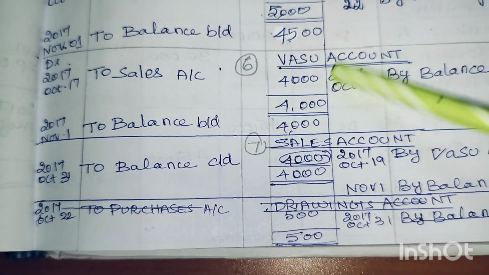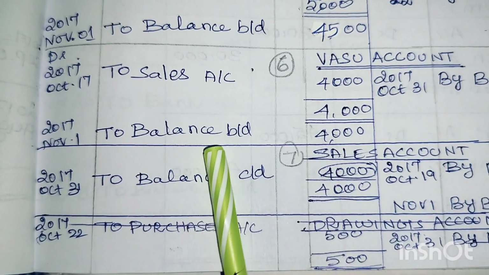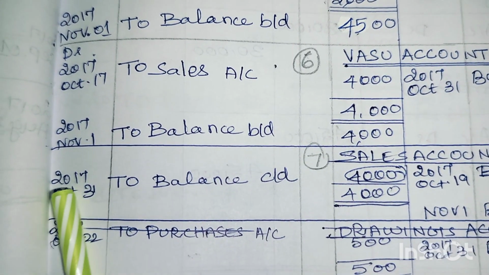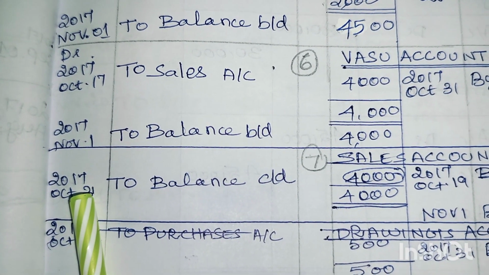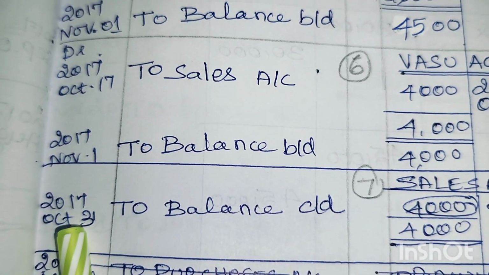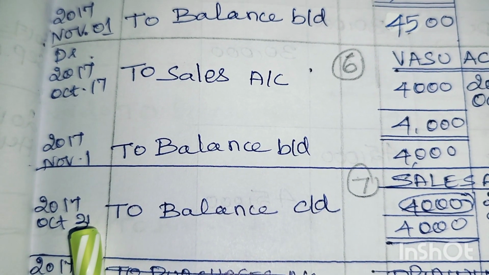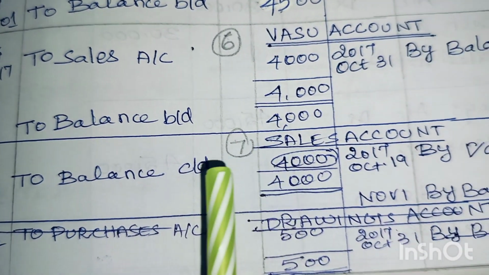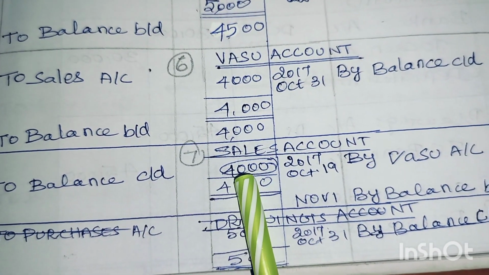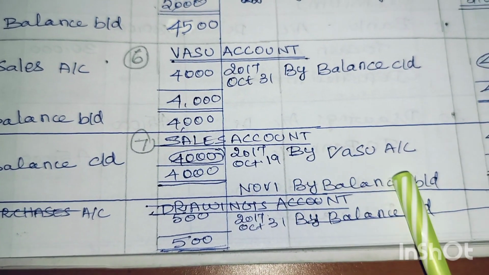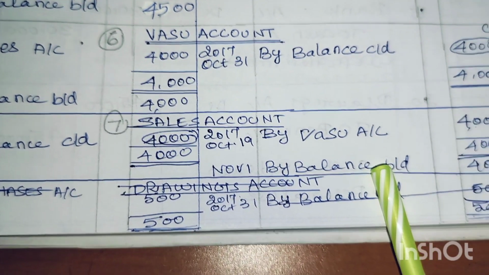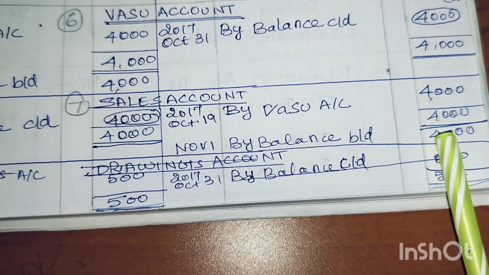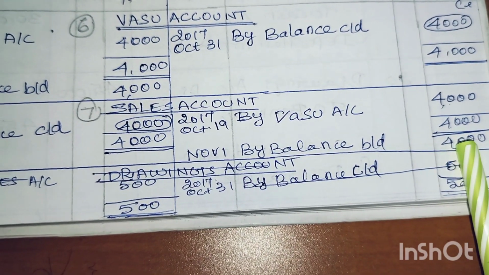Against this, balance carried down has to be entered against the difference, and in the date column the last day of the accounting period is entered here. This is the closing balance of the sales account. Then this difference value has to be brought down to the opposite side and entered below the total.